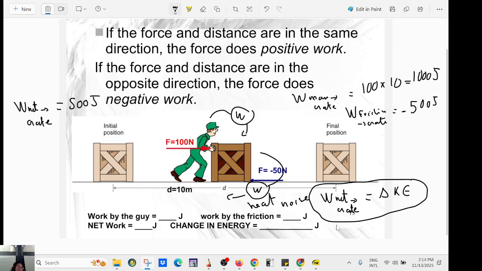This is called the work-energy theorem. If you want something to go faster or slower, you need to apply a force over a distance, and that force has to be parallel. If it's perpendicular, it doesn't do anything. It has to be parallel to the displacement, to the trajectory.